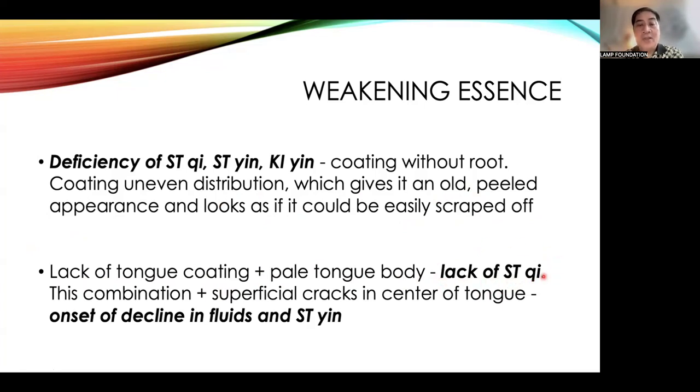Remember, the coating of the tongue will actually tell us about the yang, particularly the stomach. So this combination, lack of tongue coating and the tongue body is pale, plus if you see superficial cracks in the center, that means your fluids are now declining and the stomach yin is also declining.